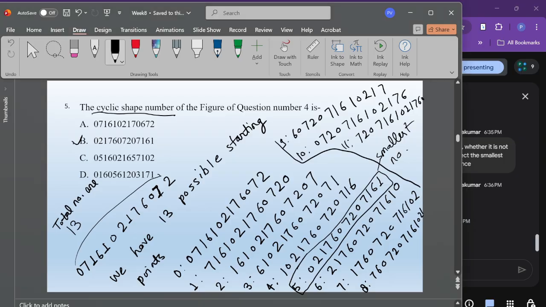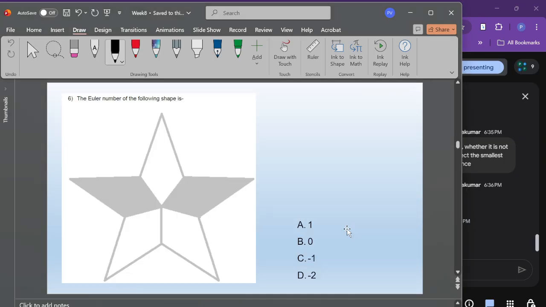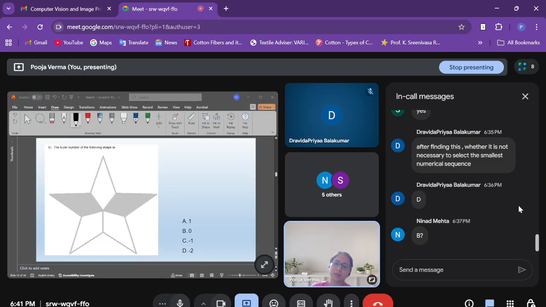Okay. So now moving to our next question. Our next question is: the Euler number of the following shape is. What is the Euler number of the given shape? So how can we find the Euler number from the given shape? Anyone having any idea how to calculate the Euler number?